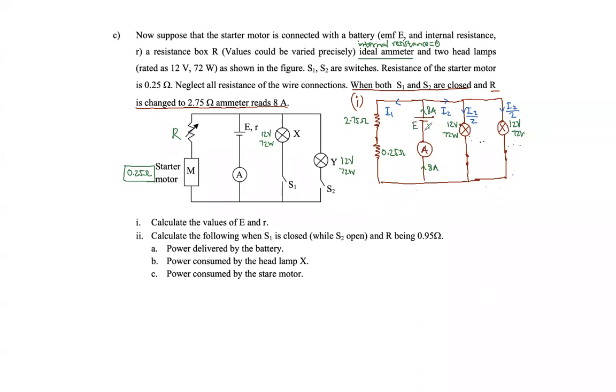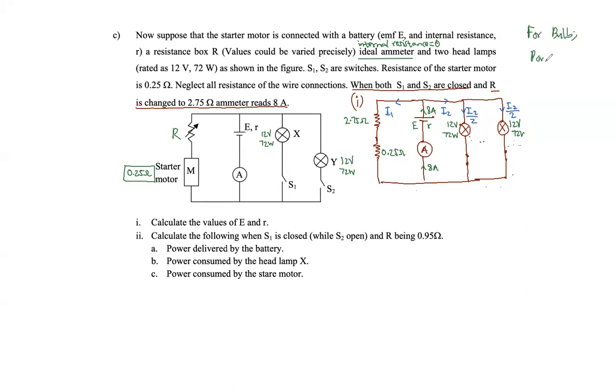Now we have to write equations. How many equations can we write for this? We don't know the resistance of this one. That is going to be another problem for us. Of course, we'll find it the way we found it for the bulb.